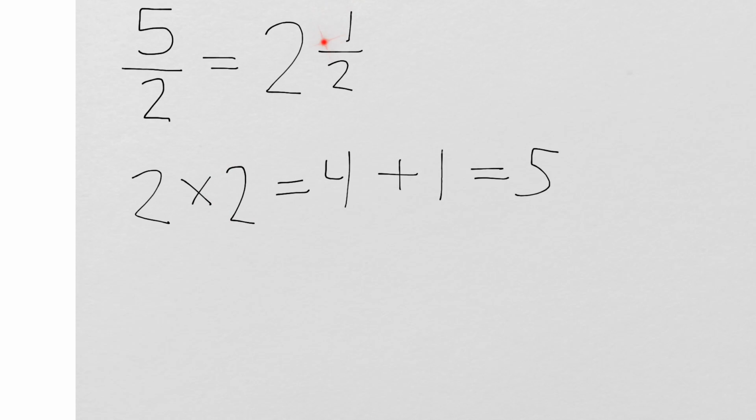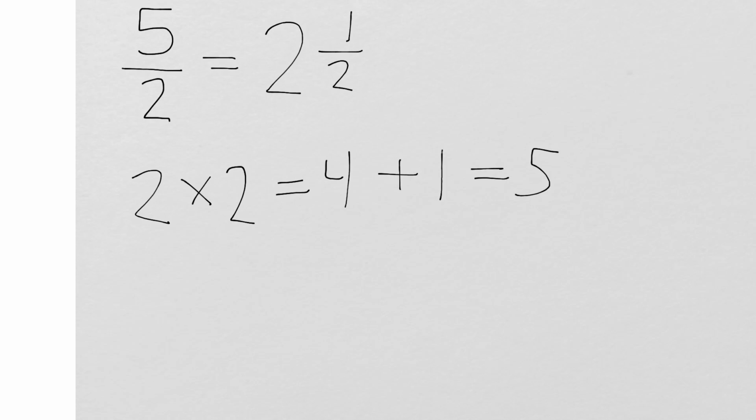My numerator is the number that I added. My denominator stays the same from our original problem. So we take the number we multiplied by, that becomes our whole number. We take the number we added, that becomes our numerator, and our denominator stays the same. So 5/2 is equal to 2 and 1/2.